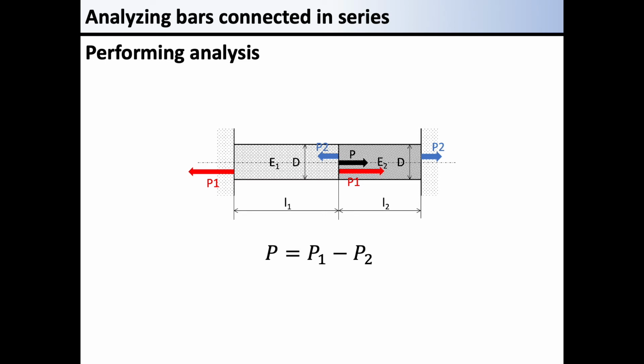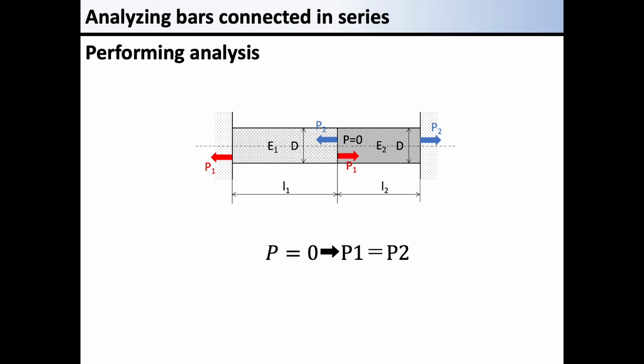Assuming that the bar of the left side does not exist, the load P2 acting on the bar of the right side is minus P. In this case, P equals minus P2. Since both loads are connected, the result is this equation, P equals P1 minus P2.